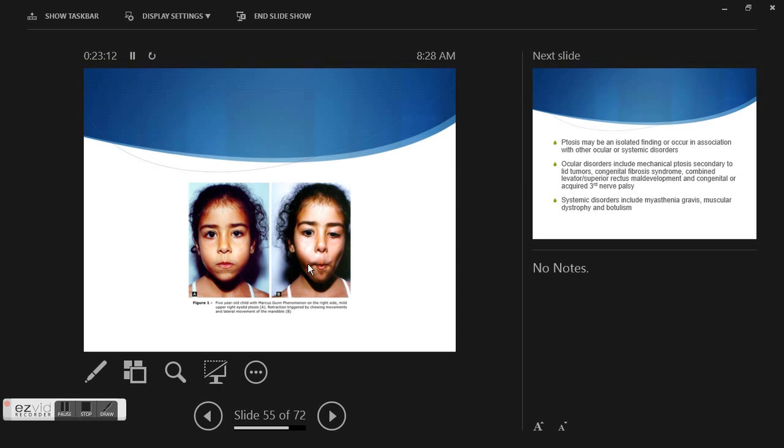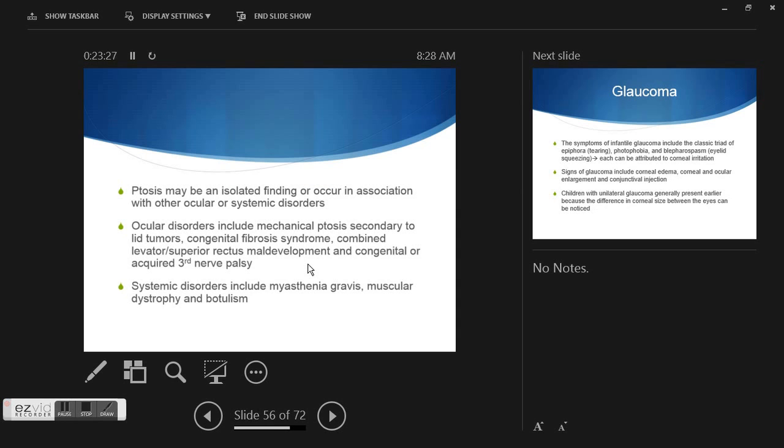So here is a little girl with the Marcus-Gunn phenomenon on the right side, with mild right upper eyelid ptosis, and then retraction triggered by chewing movements and lateral movements of the mandible. I don't think we'll ever see this though.